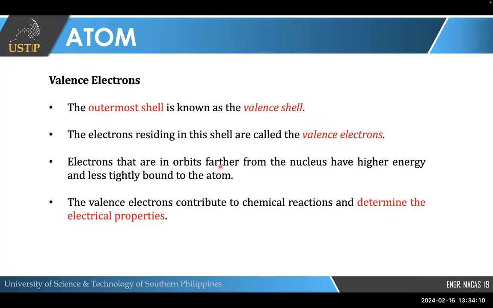Meaning, our valence electrons, compared to the other electrons present in that same atom, have the highest energy and are less tightly bound to the atom. So valence electrons have the potential, class, to jump from one atom to another and create what we call electricity.